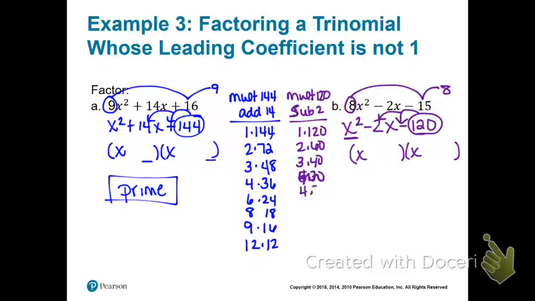I'll rewrite that. 5 times 24. 6 times 20. 7 doesn't go into it. 8 times 15. 9 doesn't go into it. 10 times 12. 11 doesn't go into it. 12 times 10, we're repeating.